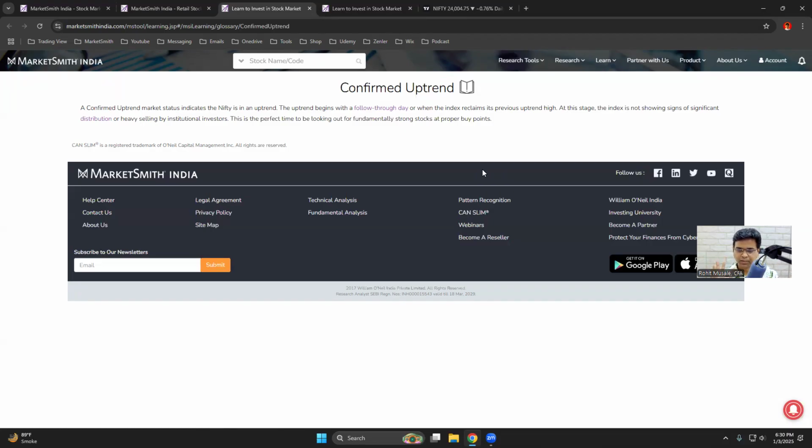So, for example, if the stock has, let's say, 4 points in the base, and point number three, which is our buy point, is in the blue zone inside the base, in that case, it is technically not very strong. The base is not fully mature or the base is not fully complete. But if the stock is fundamentally strong, we could consider taking a trade in such a stock.